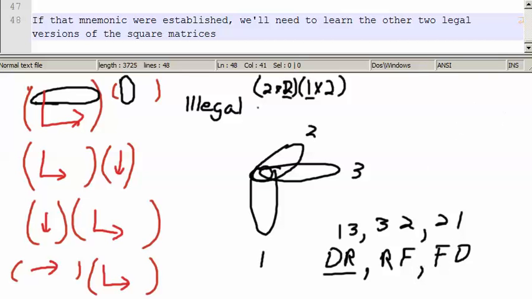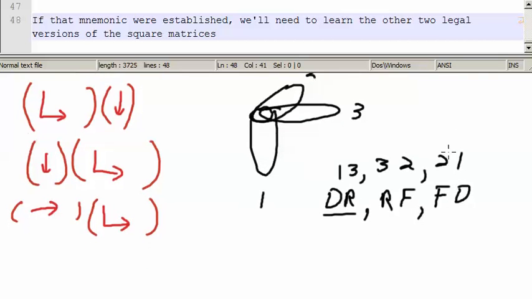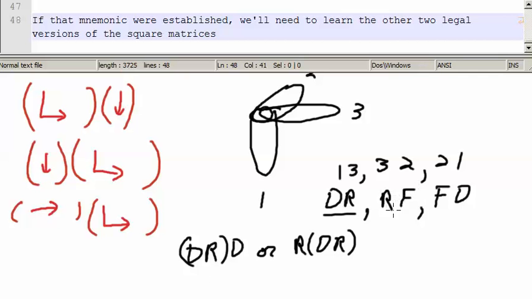So the legal matrices would be the down right times down, or right times down right. The legal matrix for right forward would be forward, or right forward, right.